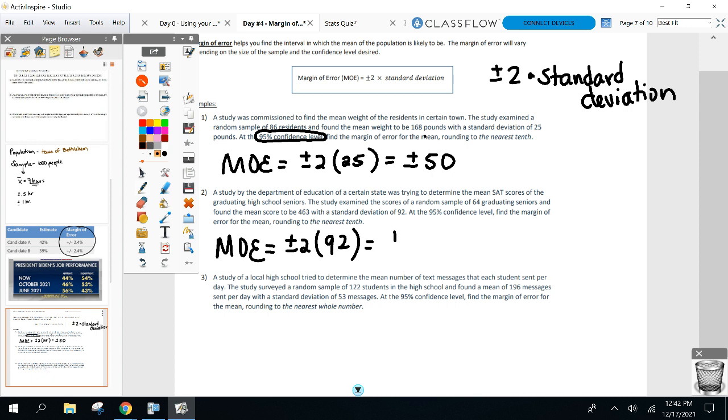So the mean of the entire senior class could be anywhere plus or minus 184 points above or below that 463. Because it's not 463, I can tell you that. I'm just doing 2 times the standard deviation.